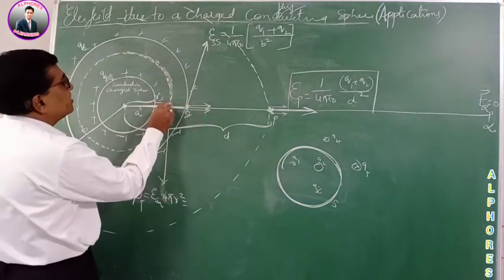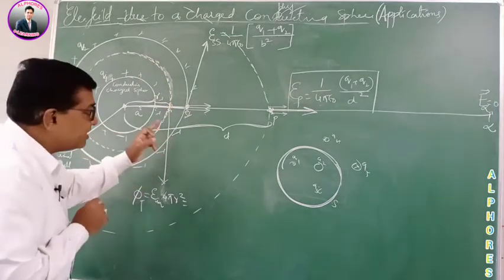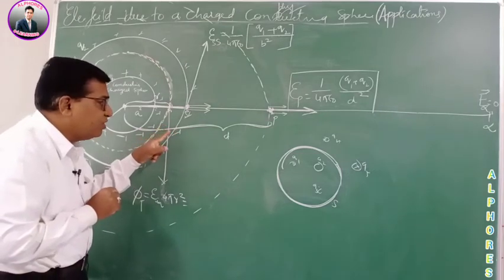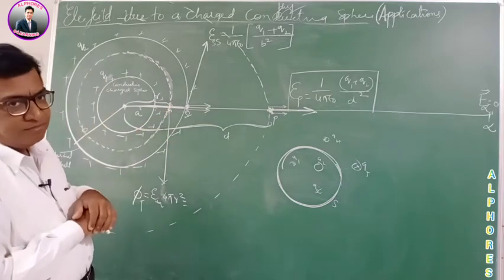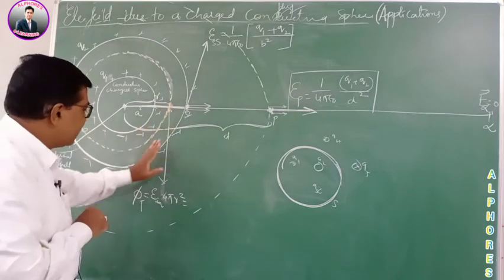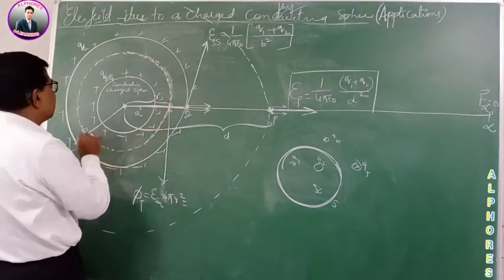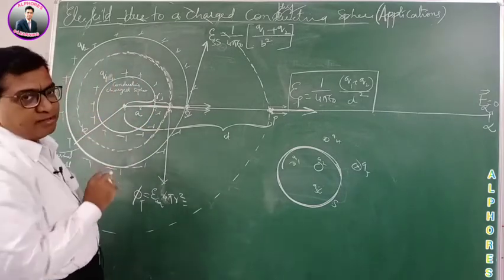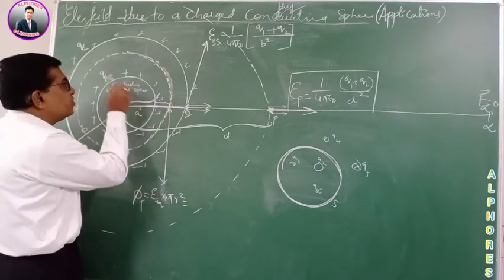Here, our Gaussian surface is inside the spherical shell. So the spherical shell is outside, and this charge is outside. There is no flux through the Gaussian surface due to the spherical shell, so the shell has no contribution. Inside the Gaussian surface you have a conducting charged solid sphere, so the charge inside is only Q1.